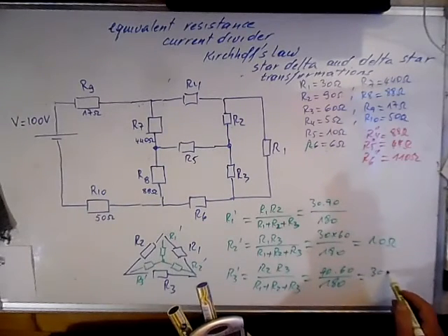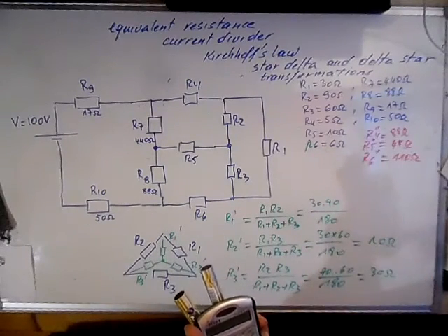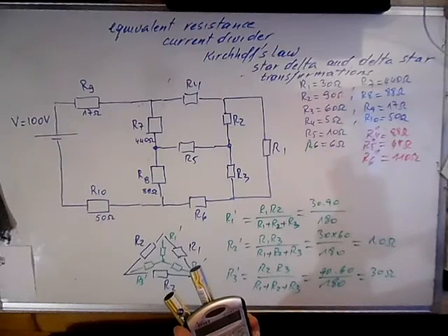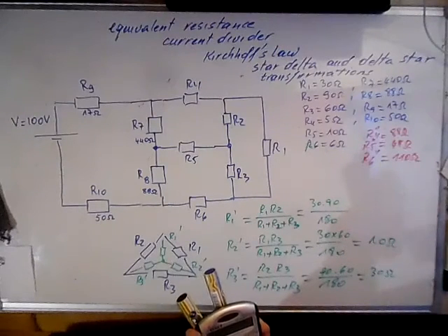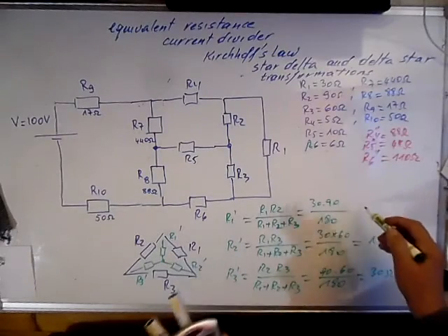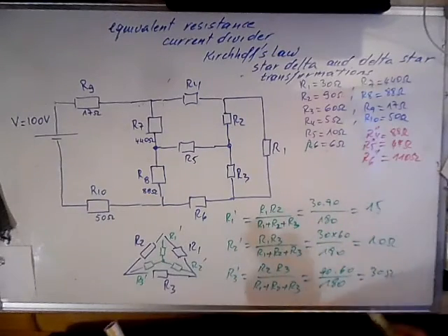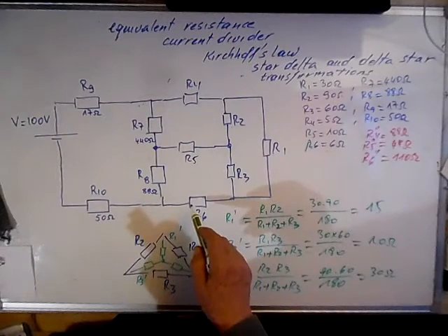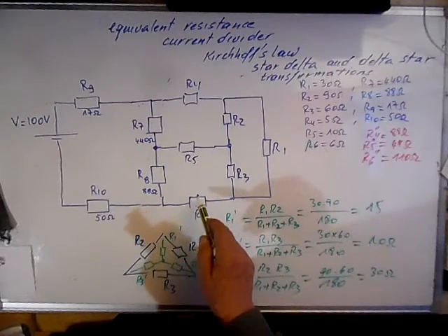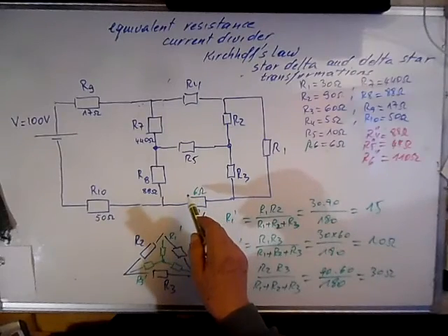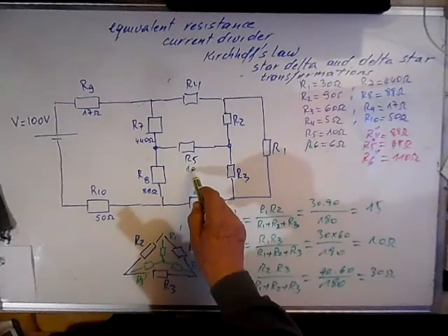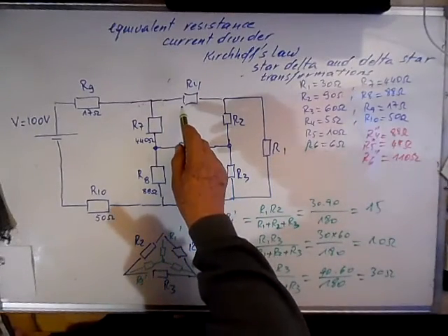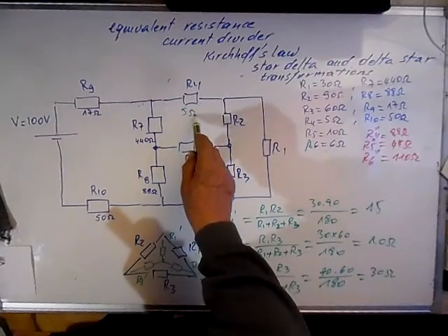It's 30 ohms. And here 30 times 90 divided by 180, so it's 15. Okay, R6 is 6 ohms, R5 is 10 ohms, and R4 is 5 ohms.